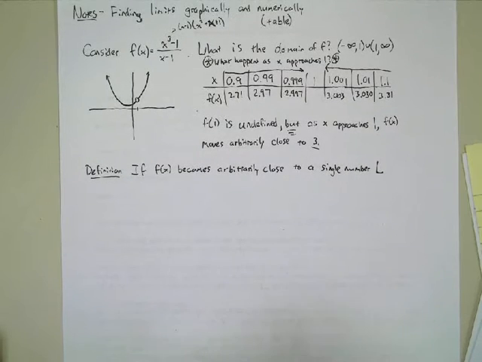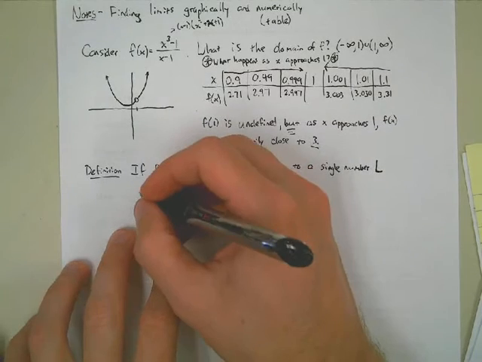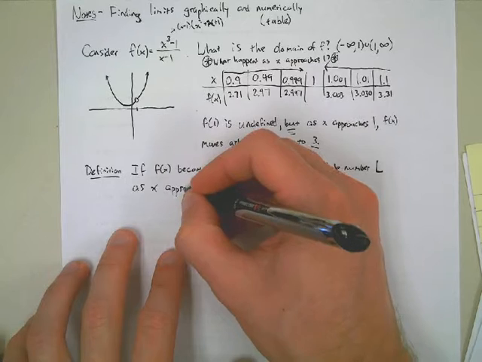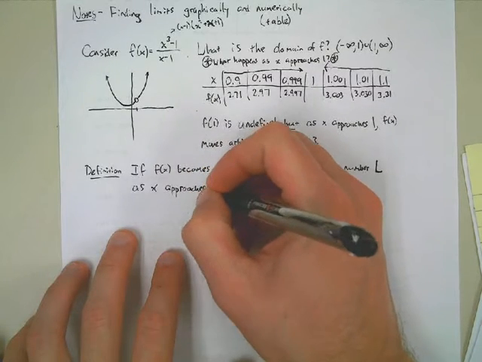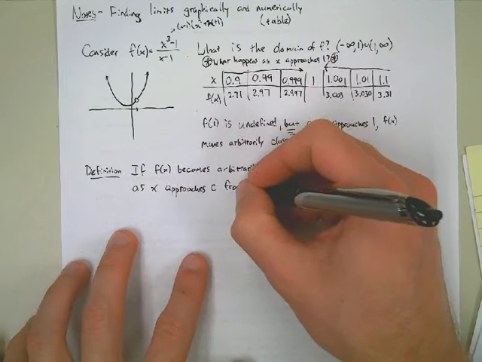Okay? So if f of x becomes arbitrarily close to a single number capital L as x approaches c from either side, and that's important, right? You have to approach the same value from either side.